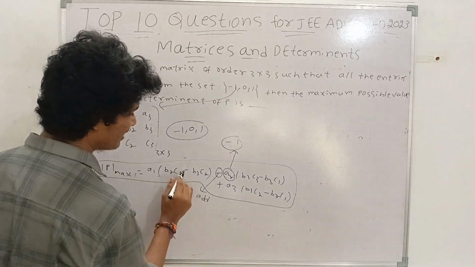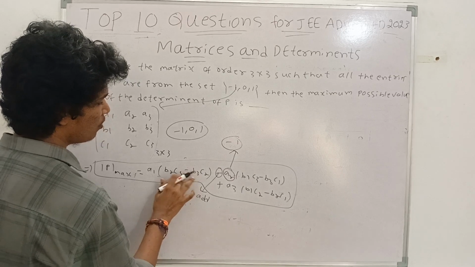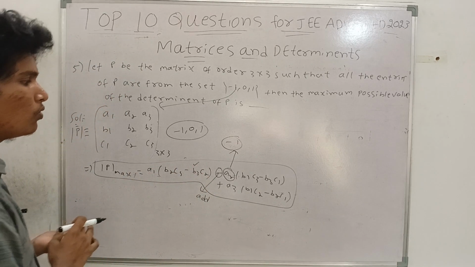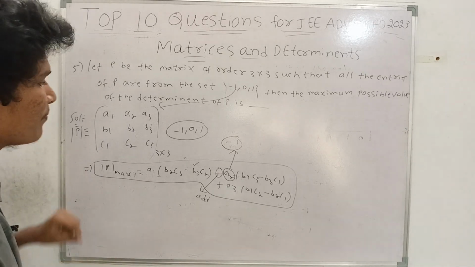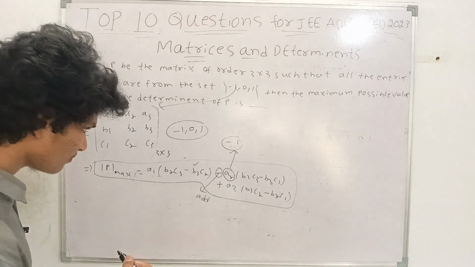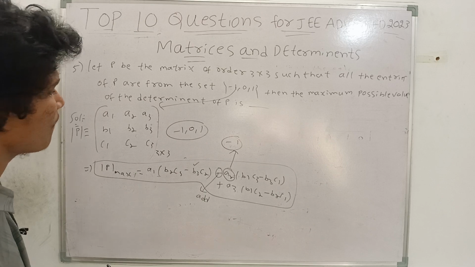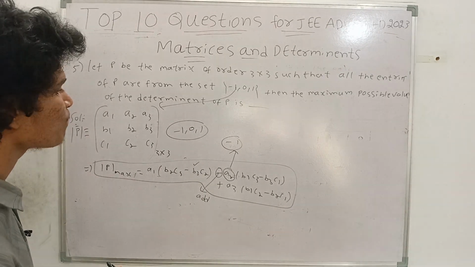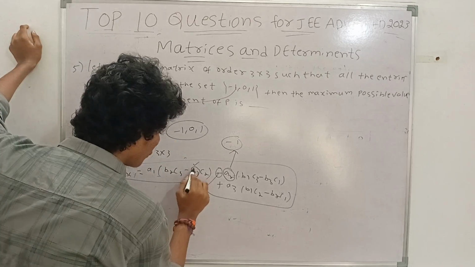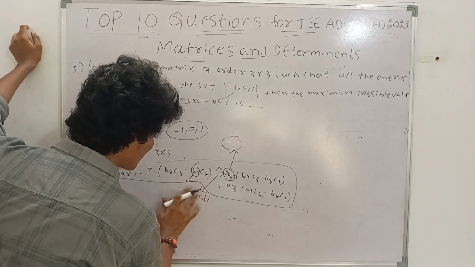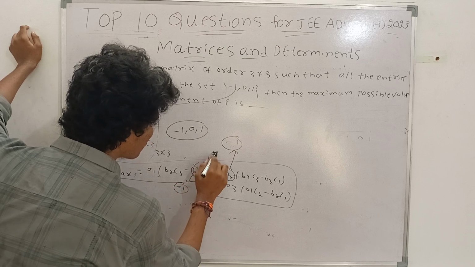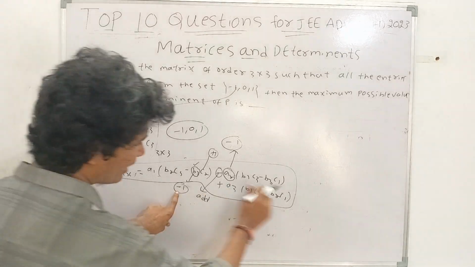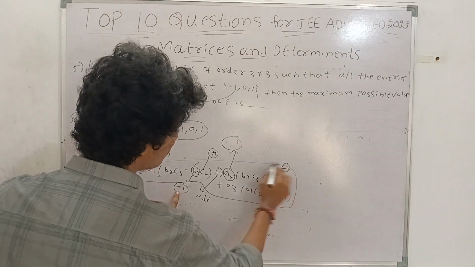Also, to get the maximum, this minus should become plus, so I can take B3 as positive or C2 as negative. Here I am taking B3 as negative, that is -1, and C3 as plus 1, because if we take B3 as -1, it will be helpful for us: minus into minus is plus.